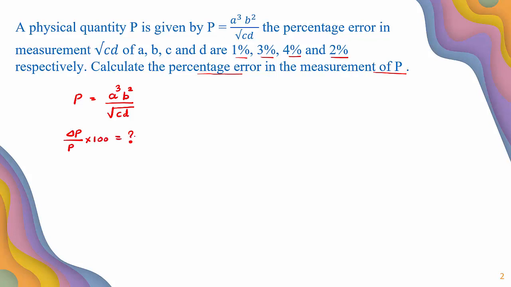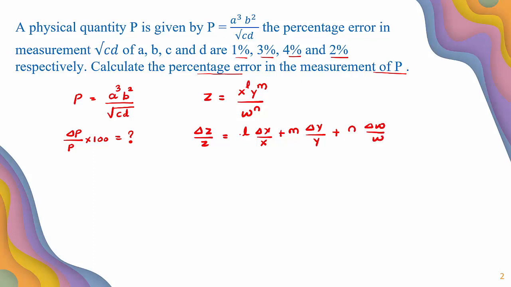Here we can use error in powers, that is the general case. In general we can write Z equal to x raised to L, y raised to M, divided by W raised to N. This equation can be written as delta Z over Z is equal to L into delta X over X plus M into delta Y over Y plus N into delta W over W. In terms of percentage, that means multiplied by 100, but the errors are already given in terms of percentage: 1%, 3%, 4% and 2%.